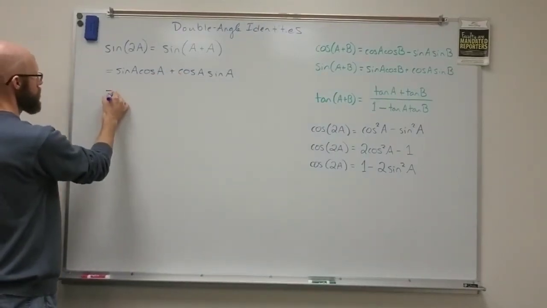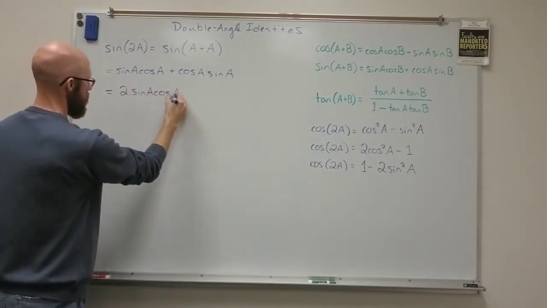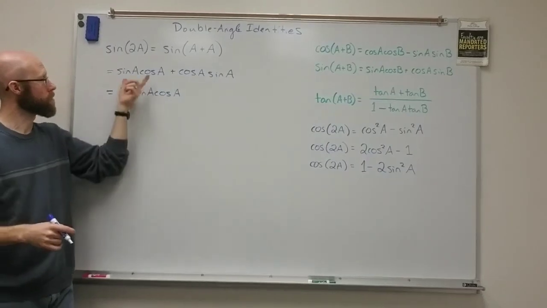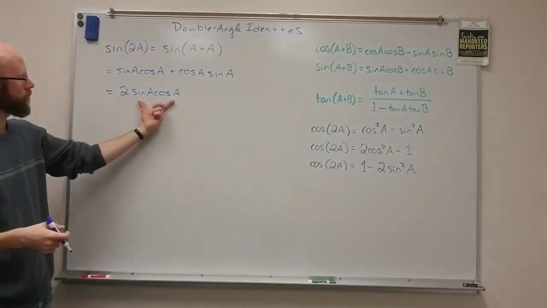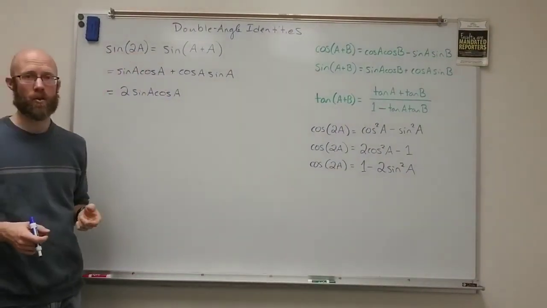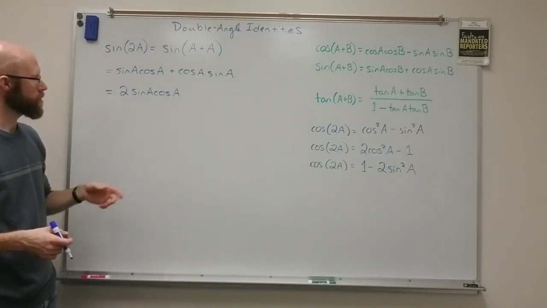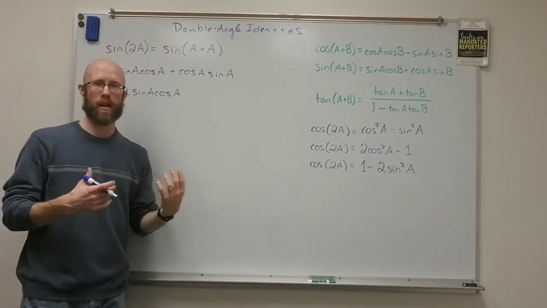So you could think of this as 2 times the sine of a times the cosine of a, right? 2 of the same thing added together. And so this expression is equivalent to the sine of 2a. It doesn't have a nice cosine squared or sine squared that we can use a Pythagorean identity with.